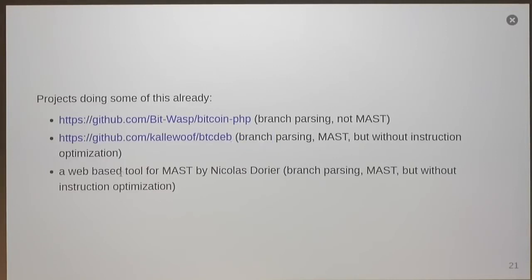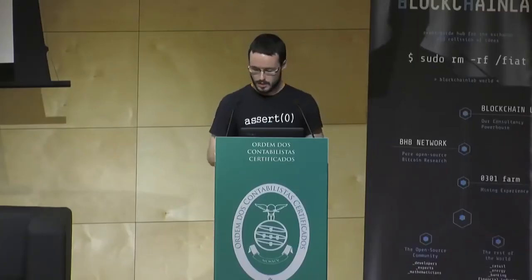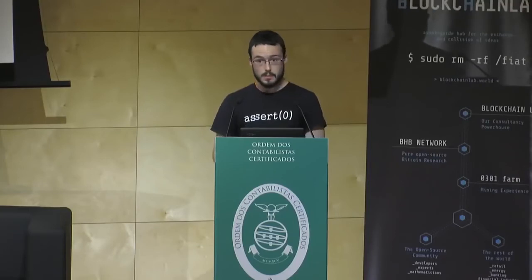And as far as I'm aware, Nicholas Dorier also had something for mastifying. I think it had similar issues. It just needs to be able to remove hash locks or unnecessary instructions. But that's it.